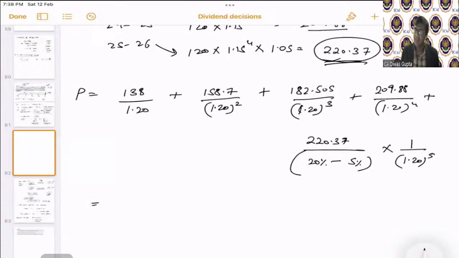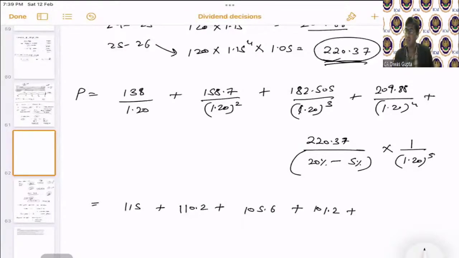So this comes as 115 plus 110.2 plus 105.6 plus 101.2 plus the last part will be 220.37 divided by 15%, which is 590.42.